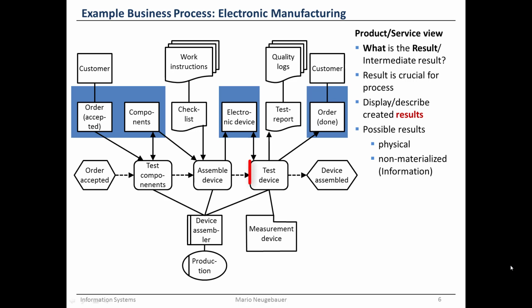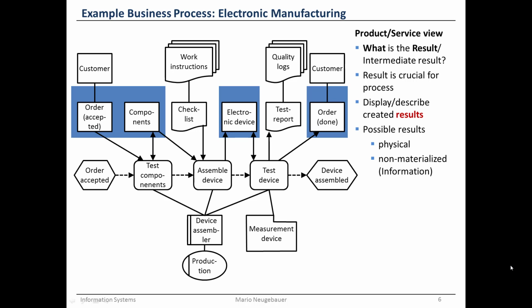And then you test it, and then you have a tested electronic device, and that's the final product. And the final product then is maybe also used with the order which is done. So at the end you have the order which is done, and it's also a kind of outcome of the process or of the process steps, and you finally can assign it also to this product or service view.